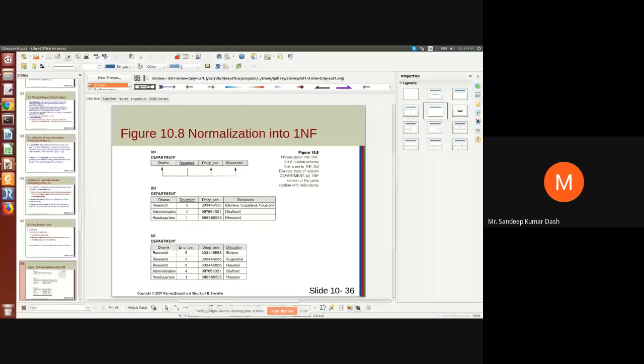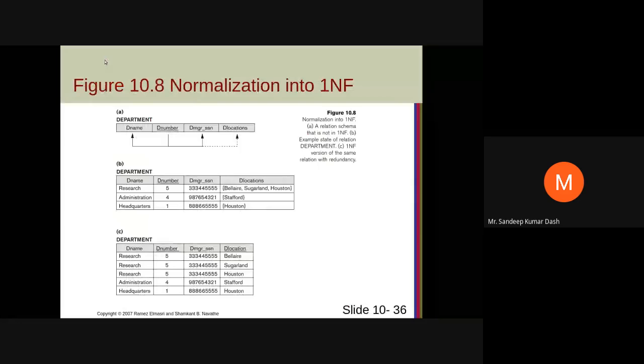Screen is not visible. Now is it visible? No, sir. It's visible for me. You disconnect and connect again.